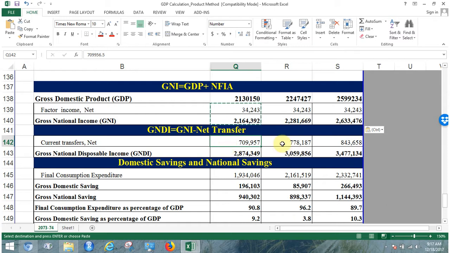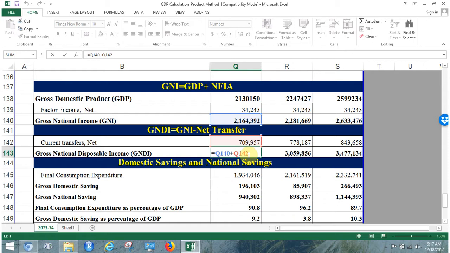So as I said, the remittance income in the economy, which is around 600 to 700 billion in the recent years, has made the size of current transfer very large in Nepal. So as such, the gross national disposable income is much larger than the gross national income.